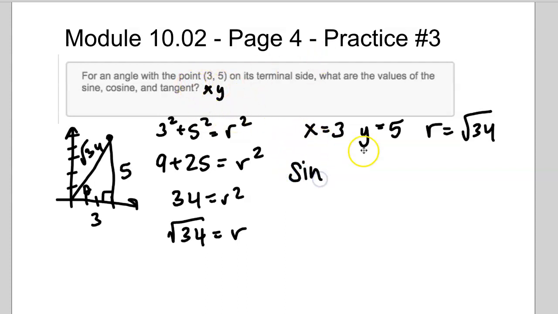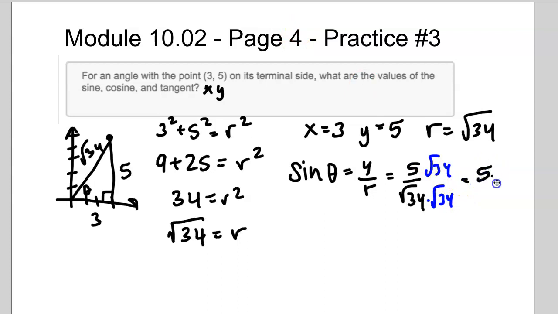So in this case, just using the coordinates and the radius, sine of theta, sine is always y over r, so that would be 5 over root 34. And then just rationalize this, so times root 34 on top and bottom. And so what we get is 5 root 34 all over 34.